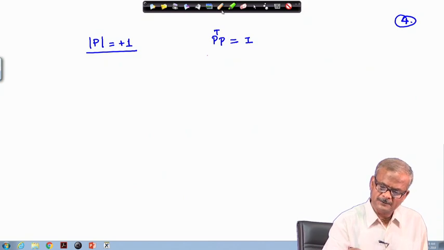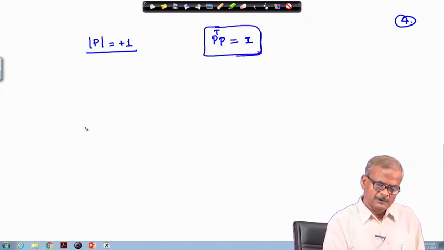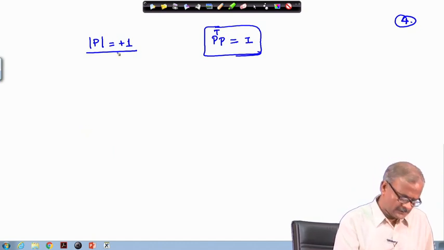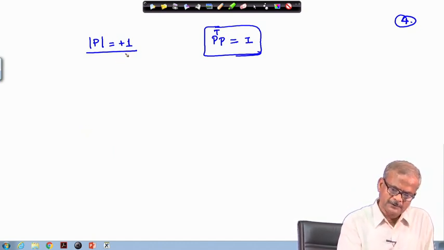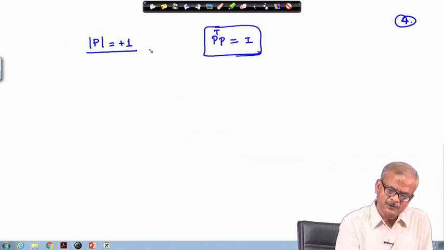So, this part we are aware of. And this determinant we need to prove is equal to 1. If we do that, only then our job is done.